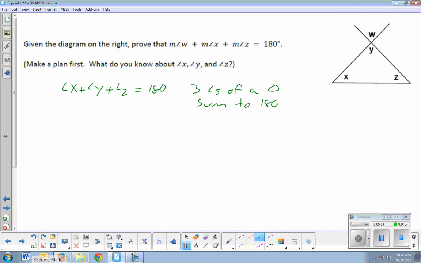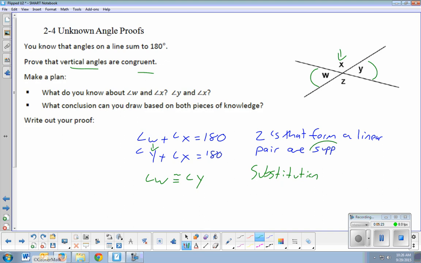This was supposed to be a triangle symbol here. Pretty sloppy. Let me redraw that a little nicer. The three angles of a triangle sum to 180. Notice that I'm using this symbol for angles, and I'm using a symbol for triangle. In the previous problem, I abbreviated supplementary.